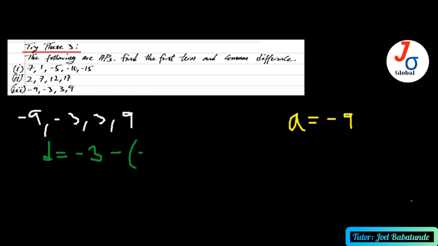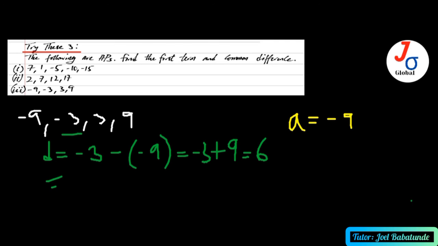Be careful with your signs so that you don't get things mixed up. That's this term minus this term. So open up the bracket, and what you get is minus 3 plus 9, which is 6.